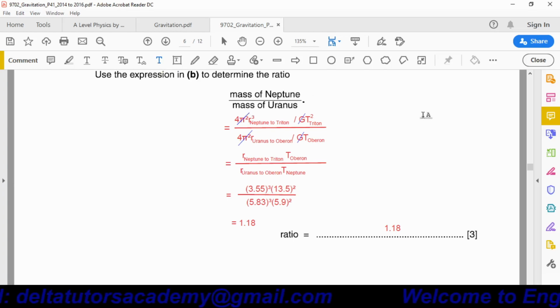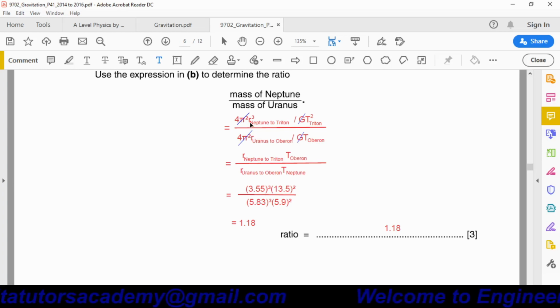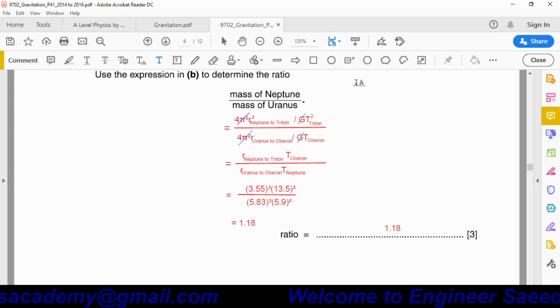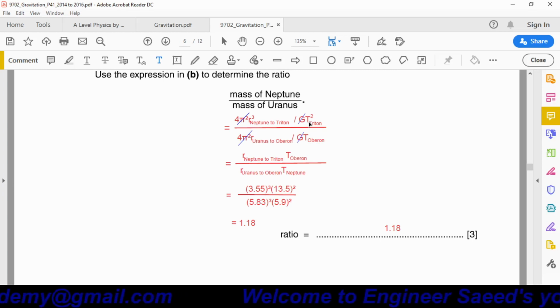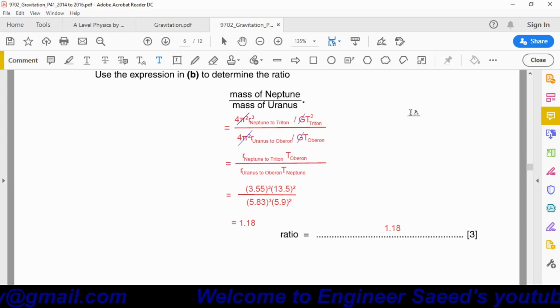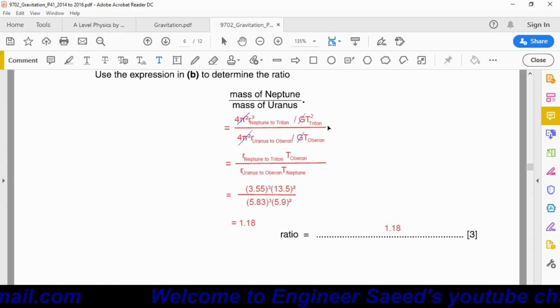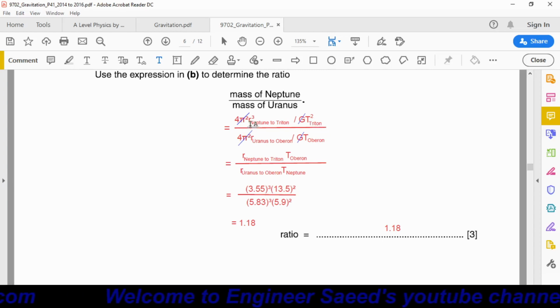For the mass of Neptune, we have to take this distance r, the distance between Neptune and Triton, and this t will be the time period of the moon that is moving around Neptune. The name of the moon is Triton, so we have to take the time period of Triton, and here we have to take the distance between Neptune and Triton.